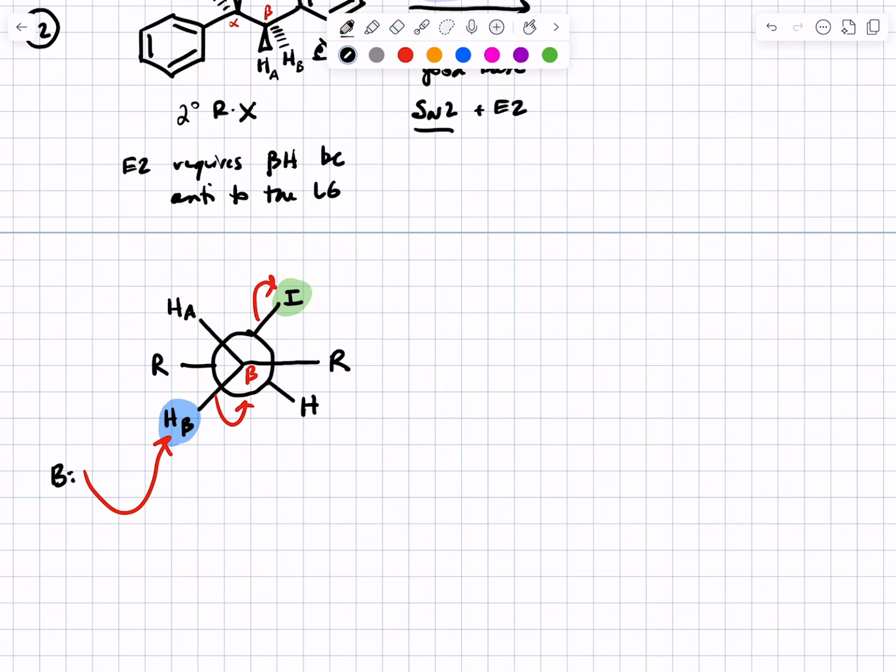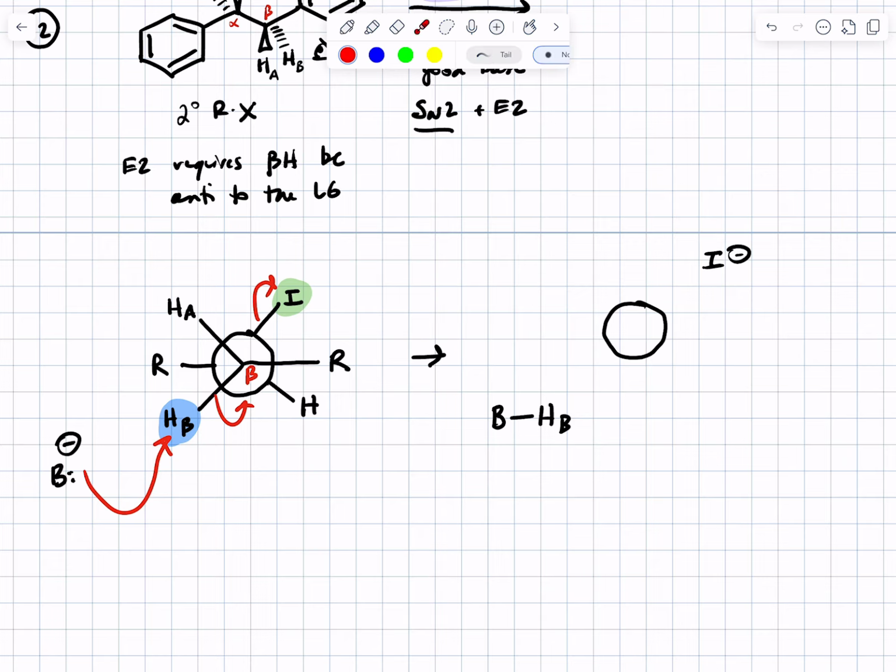Now, here's an interesting thing. In the product, HB is now gone. It's on the base. And I minus has left. And we're going to still do this from the perspective of the Newman projection.